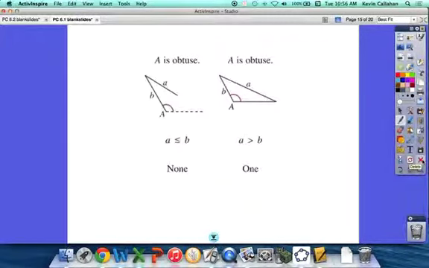Okay, if the angle is obtuse, right? If you know the lengths of these two sides and you know the angle, then you don't know what this side is, but you know it extends along that dash line. And there's two possibilities. If A is less than B, that means it's never going to reach the third side. So there's no triangle if A is less than B. If A is greater than B, then it will, and you'll have one triangle.